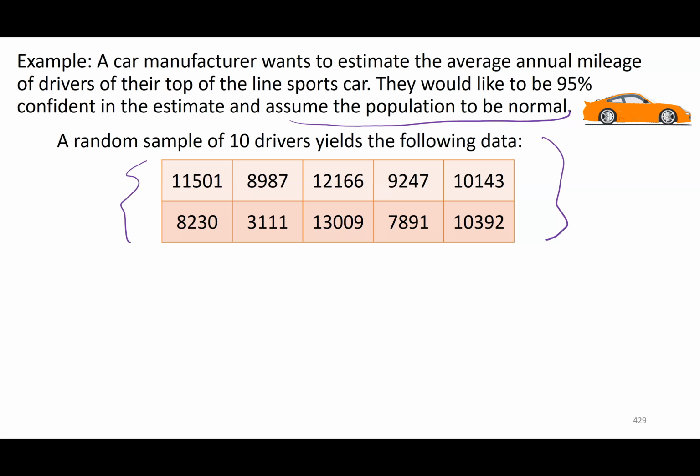So this is driver 1, they drove 11,501 miles in that year. Driver 2, 8,987, and so on, and there are 10 of them. It's good that the population is normal because a sample of 10 is not very big.